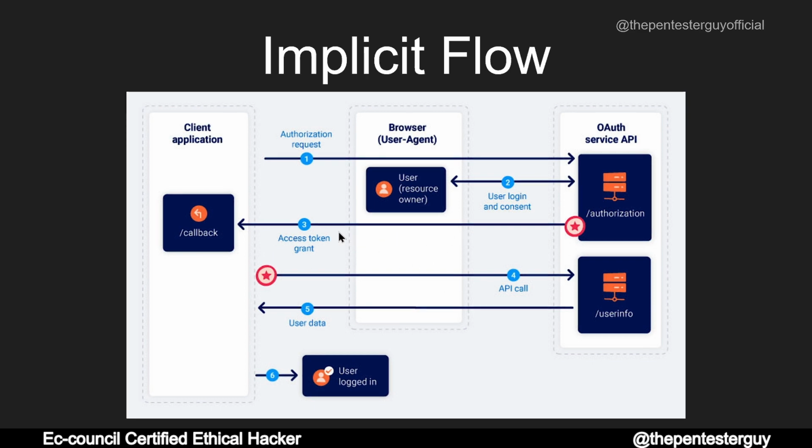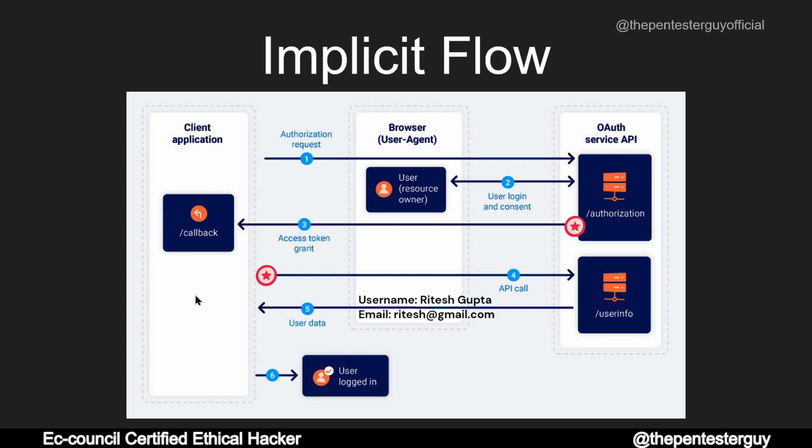After the consent is provided, the access token is directly granted to the client application, and that access token is used with the client secret, and the request is made to the resource server.